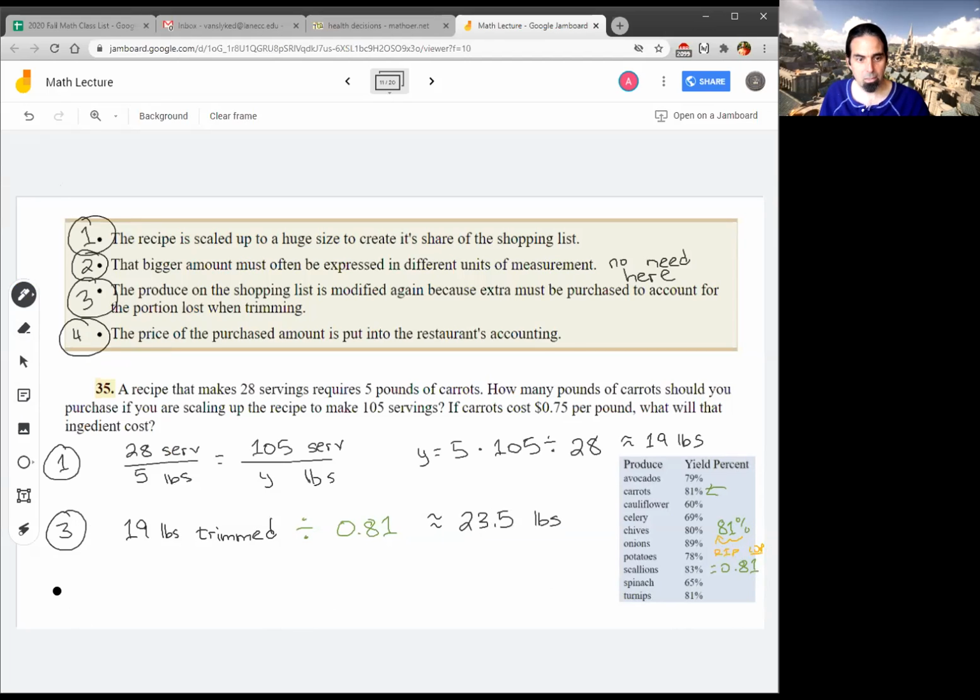Then step 4, how much are we going to have this cost? Well, it costs 75 cents a pound. The problem tells us that.